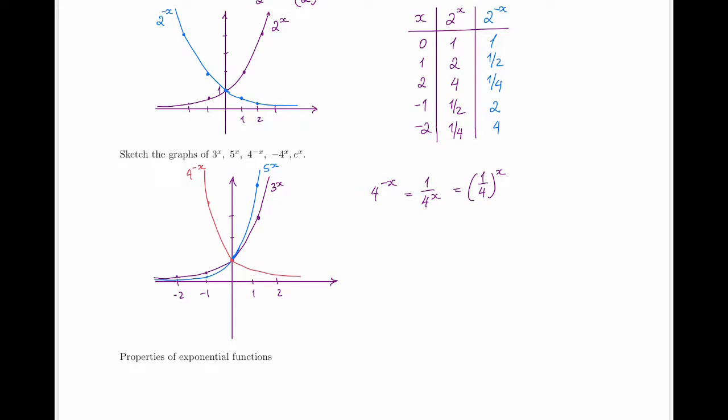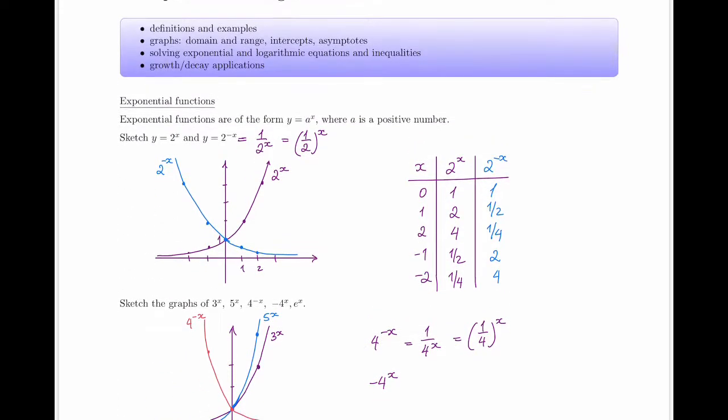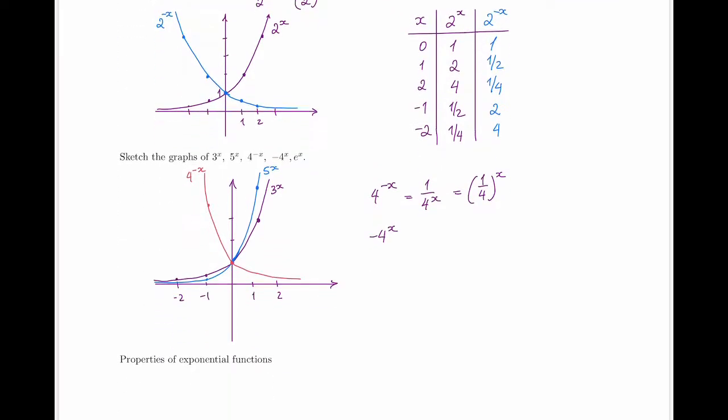The next graph is minus 4 to power x. So notice here that this minus is actually outside of my exponential function. It's important to remember that in the exponential function definition, the number a, which represents the base, has to be positive. So here, it will be probably better if I put the brackets around 4 to the x, just to emphasize the fact that it is not minus 4 that is raised to power x.